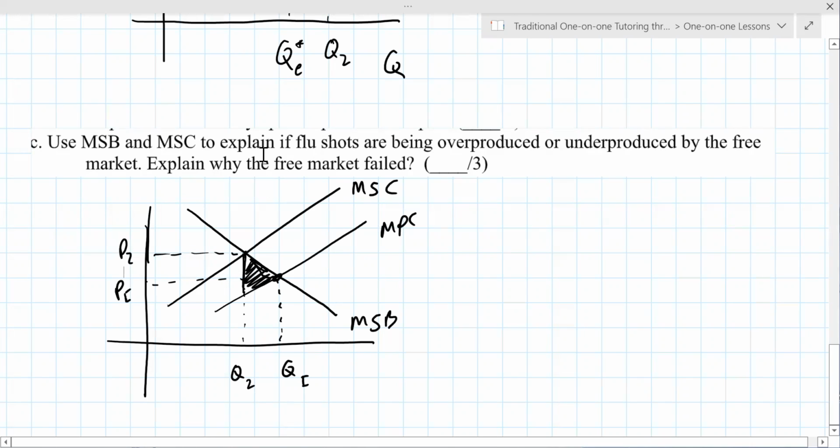So the socially optimal would be Q2 and P2, but the market is producing at QE and PE. That's right.